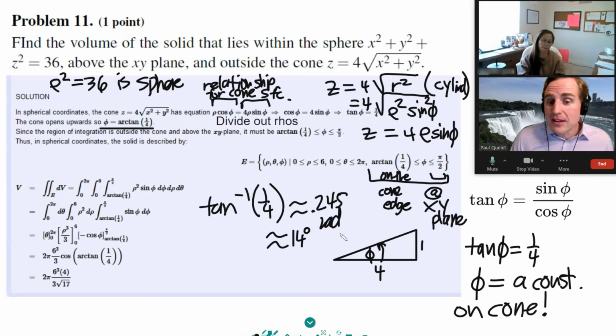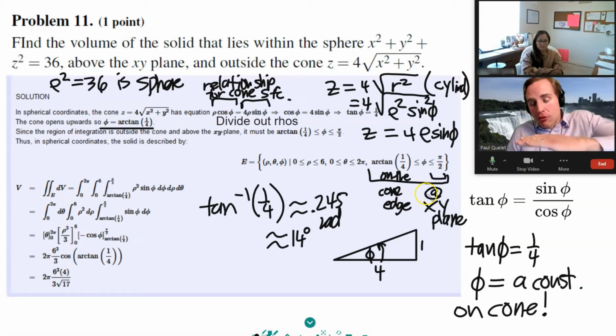Even in science, we try to get the approximation at the end, not at the beginning, so we retain the exact values for as long as possible, until the last moment where we have to reach for them. So we're going to go from arctan of 1/4, which is about 14 degrees or 0.245 radians, to pi over 2.